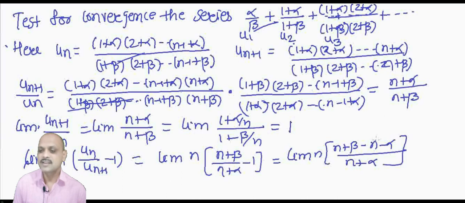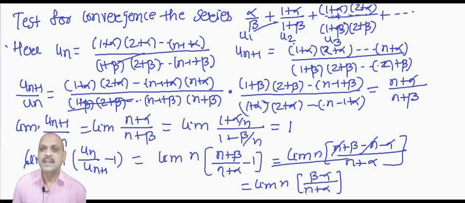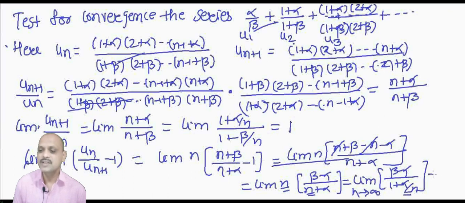The n's get cancelled and we get the limit of n into beta minus alpha divided by n plus alpha. Now taking n common from the denominator, this n will be cancelled, and we get the limit of beta minus alpha divided by 1 plus alpha divided by n. Let us apply n tends to infinity, so this will be 0 and we get beta minus alpha.